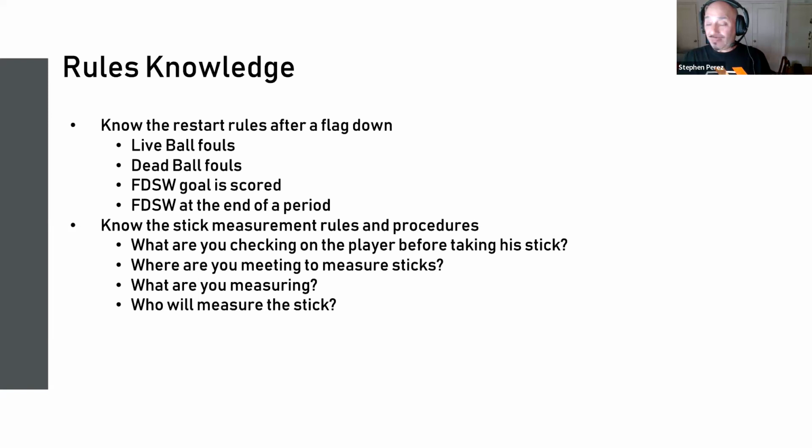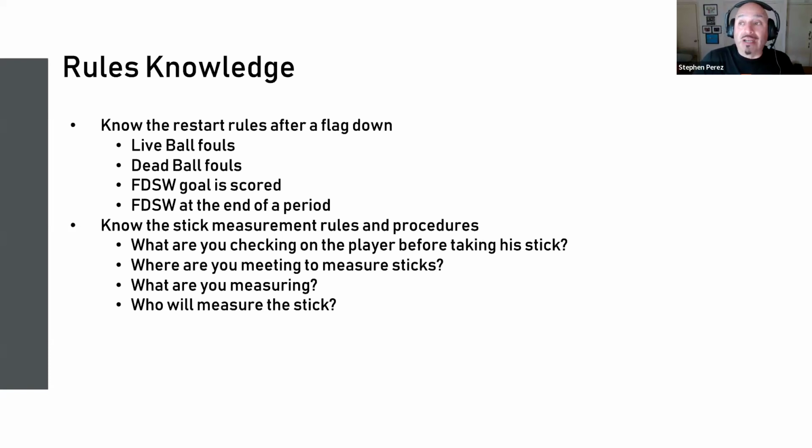After our equipment check, gather together in the pregame and decide where you are going to have your stick measurements. Where are you going to meet? Most people meet at the 50, at or near the wing line, not in the box. Who's going to measure? Some crews say, I will do the measuring.